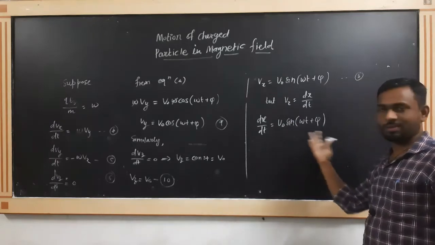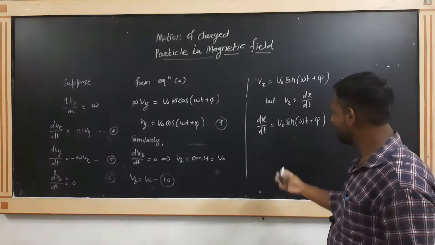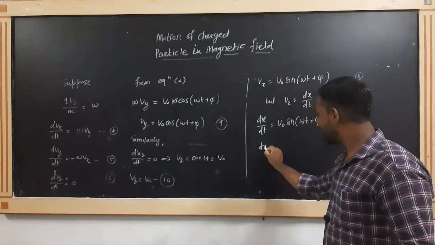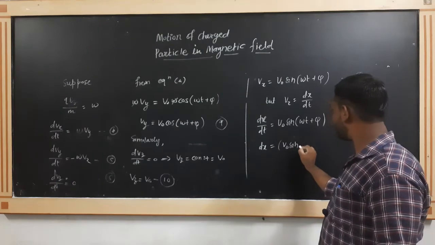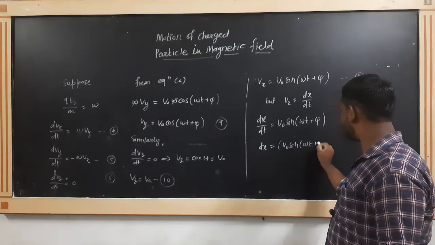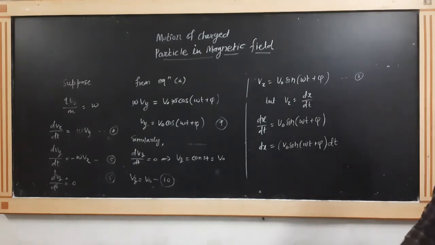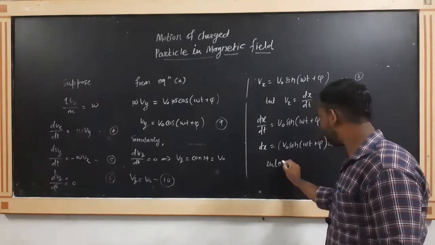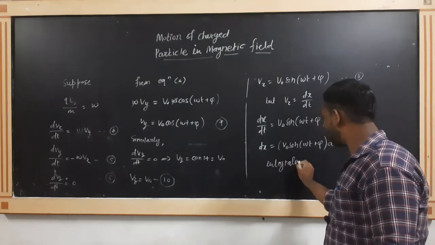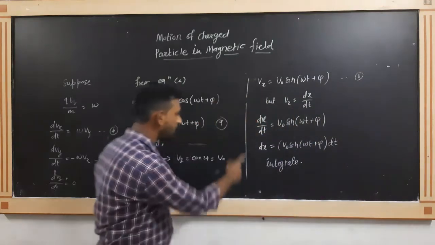Multiply both sides by dt, following the same procedure as before: dx is equal to v0 sine of omega t plus phi into dt. Again apply integration. If you integrate the above equation, what do you get? What is the integration of dx?